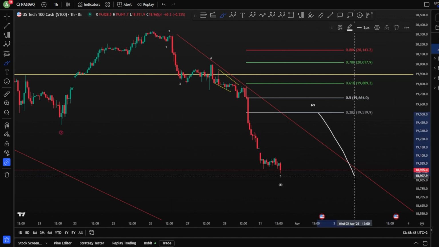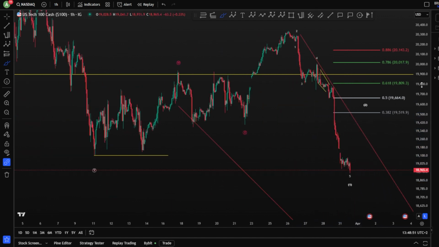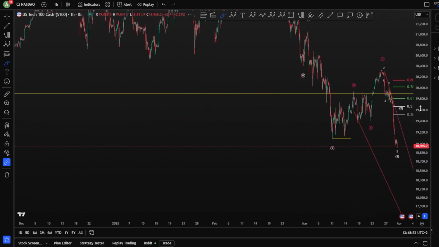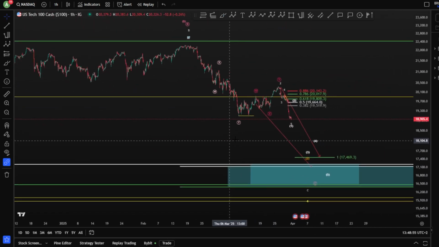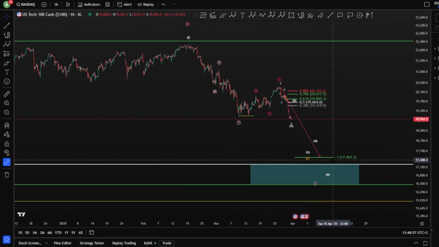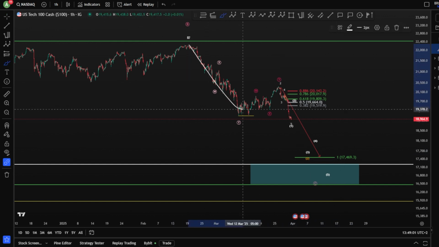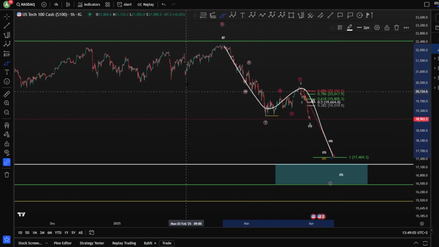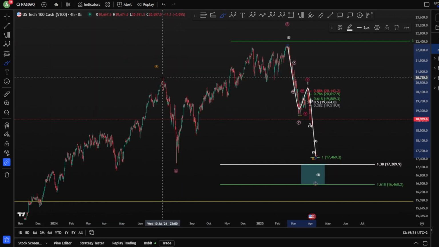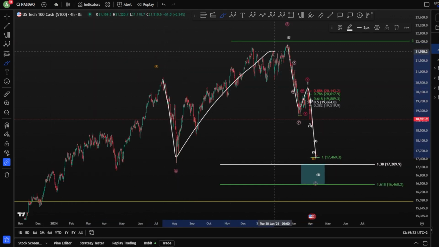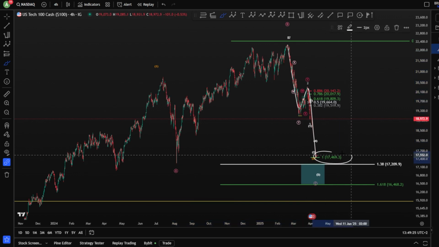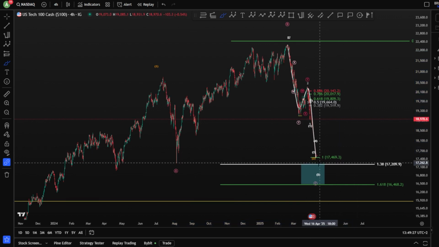And of course, we want to see continuation toward the downside. The first targets for this drop are the blue box here, and the 1-to-1 fib level taken from a zigzag here as a structure, in case we are in a big WXY. Meaning if we are in a big WXY toward the downside, you're looking for the 1-to-1 fib level for this zigzag.